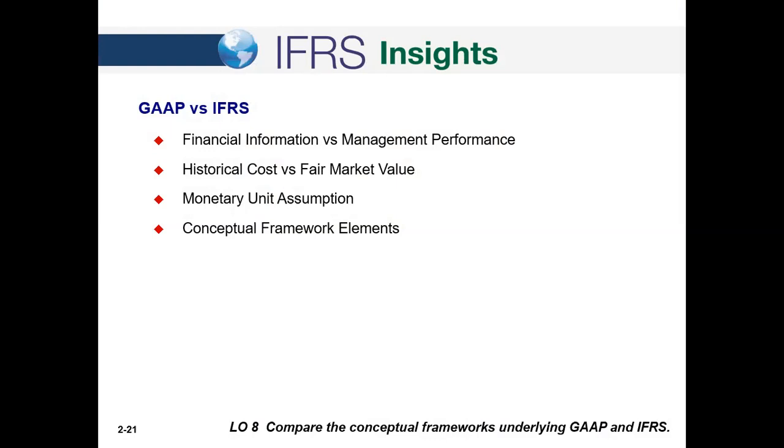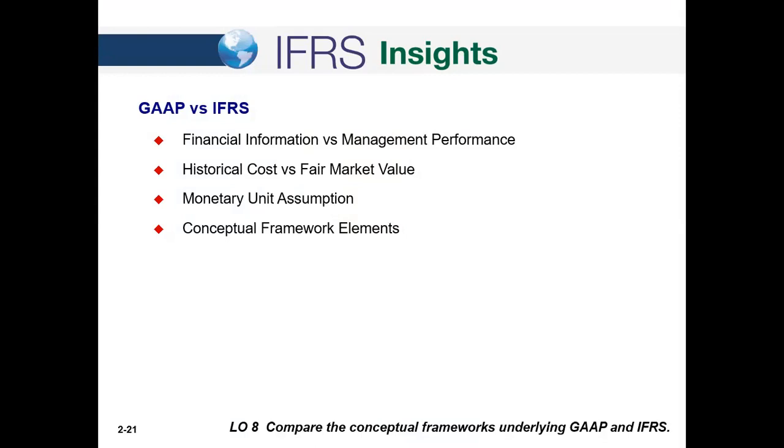Whereas GAAP, generally accepted accounting principles, have been more focused on financial reporting and financial information, IFRS, the International Financial Reporting Standards, have been more focused. That conceptual framework gave more emphasis to the objective of providing information on management's performance. So whereas GAAP is focused objectively on the financial data, IFRS has tended to focus more on management performance, right?